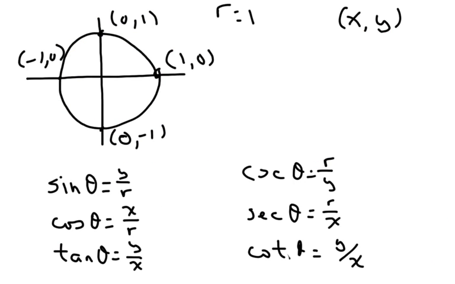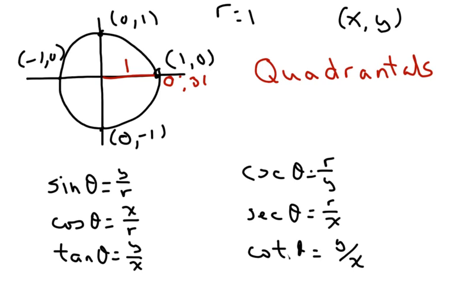Now, these are called quadrantals. Since our radius is 1, at angles 0 degrees or 360 degrees, this point right here is 1, 0. At 90 degrees right here, since the radius is 1, my x is 0, my y is 1.